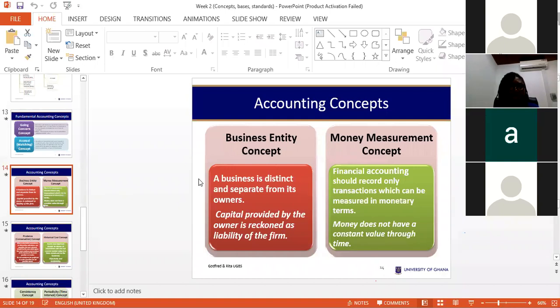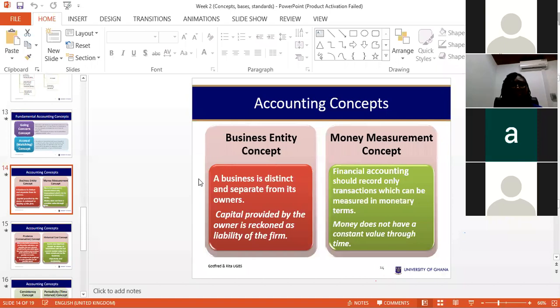I am only acting on behalf of the business because the business cannot act to go and buy water. And so the business entity concept allows us to record transactions and activities for the business in the name and in the books of the business. This will form a basis for our recording in subsequent lectures. So be careful and take note of that.